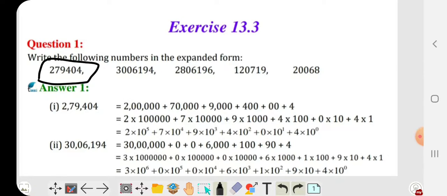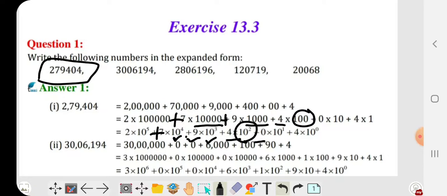Now 1 lakh can be written as 10 raised to power 5, then plus 7 into 10 raised to power 4, then plus 9 into 10 raised to power 3. Just count the number of zeros, that will be the power of 10. Here 4 into, how many zeros are after 1? 2, so it will be 10 raised to power 2.